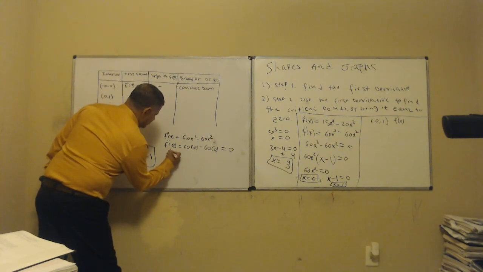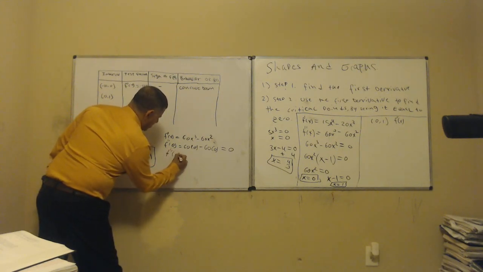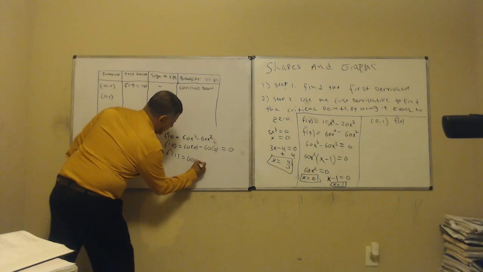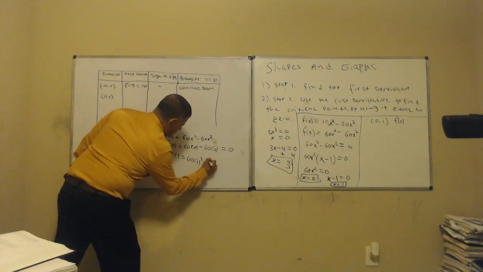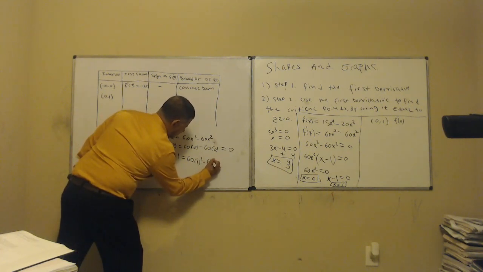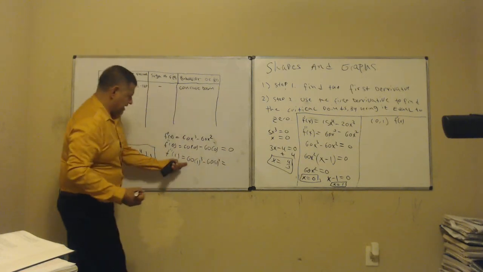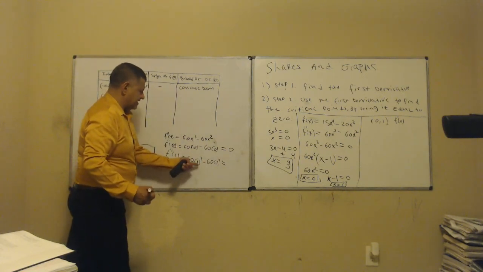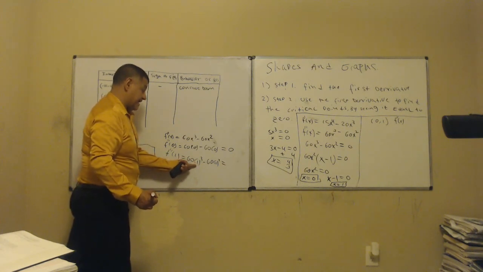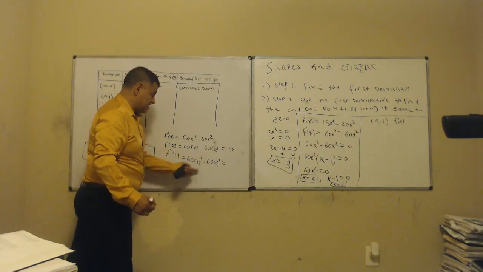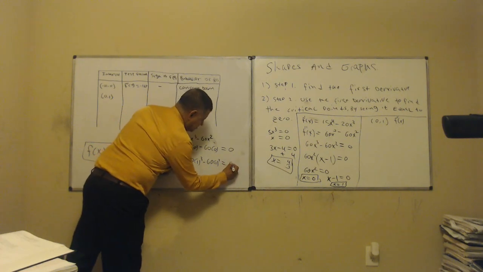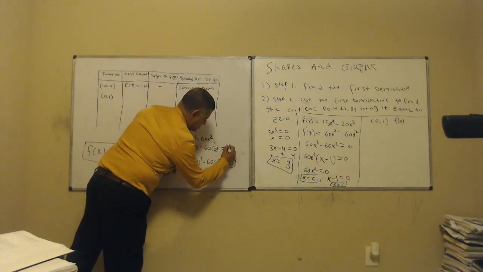We do 1 cubed minus 60 times 1 squared. That's 1, and that's 1, so that's equal to 0. So both are 0.